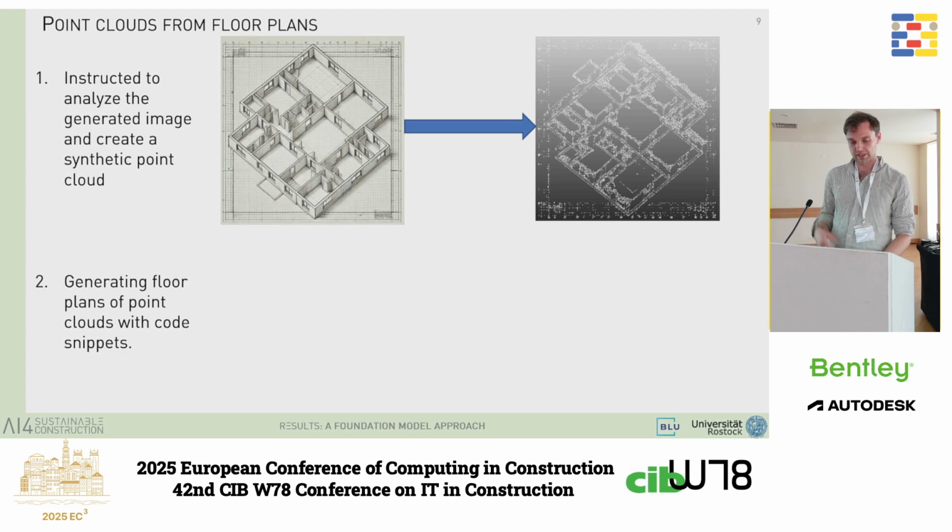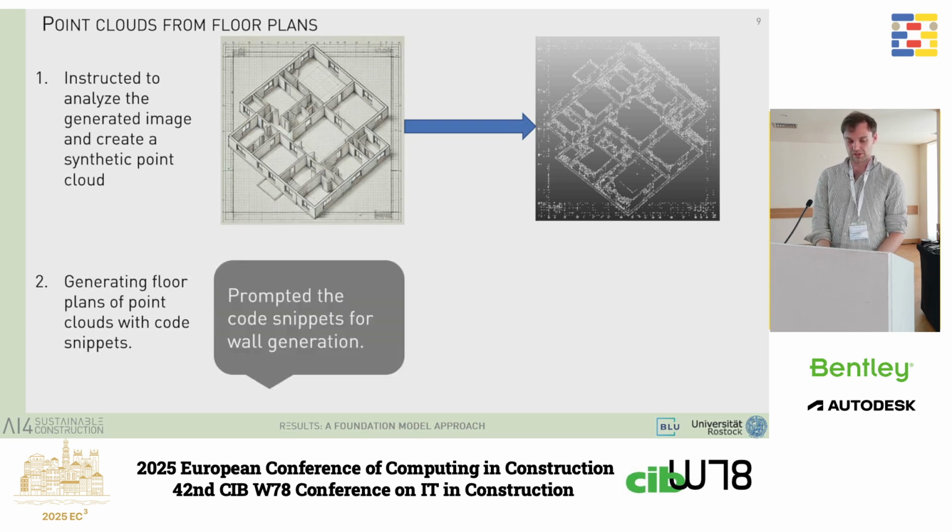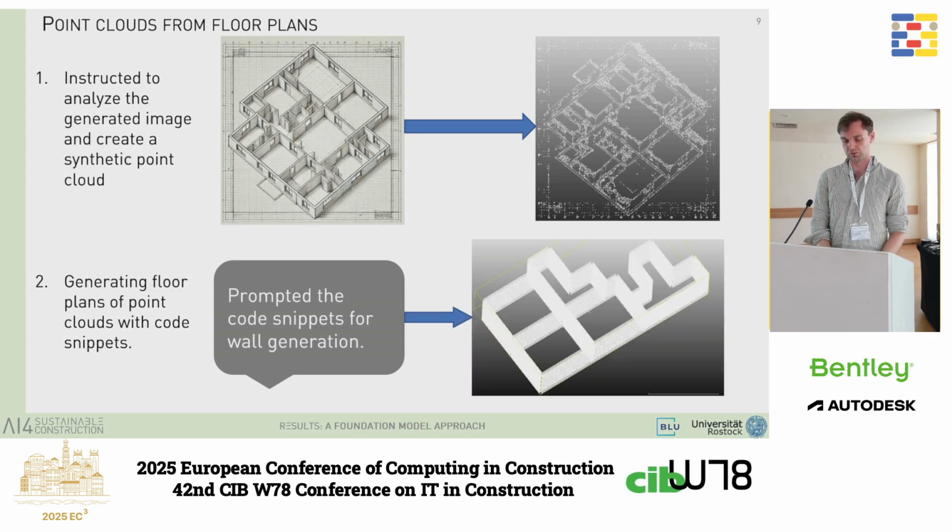The next step was generating the floor plan with the code snippets we got before from the walls. We prompted the new code snippets into the model to generate more floor plans or directly change rooms. That was the result. We have some different shapes in that floor plan, and we have a height.